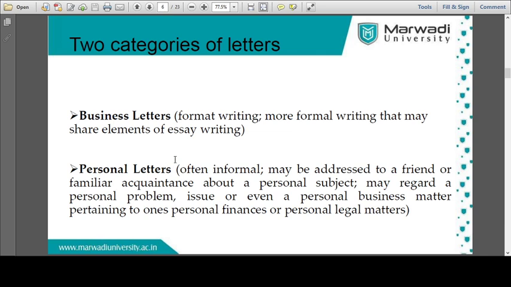Business letters are part of formal writing, more formal format writing that may share elements of essay writing, while personal letters are often informal, may be addressed to a friend or familiar acquaintance about a personal subject, may regard a personal problem or issue, or even personal business matters pertaining to one's personal finances or personal legal matters. So these are called the business letter, or formal letter, and the personal, or informal, letter.